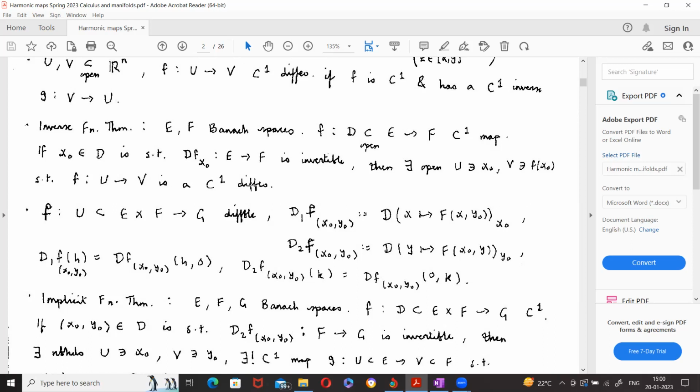Here C1 diffeomorphism means a C1 map with a C1 inverse, between open subsets of Banach spaces.